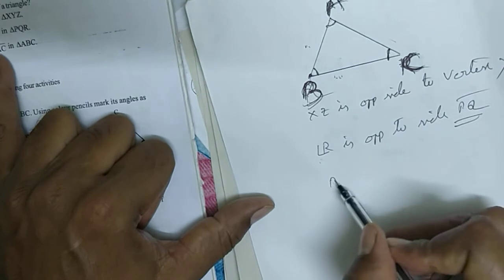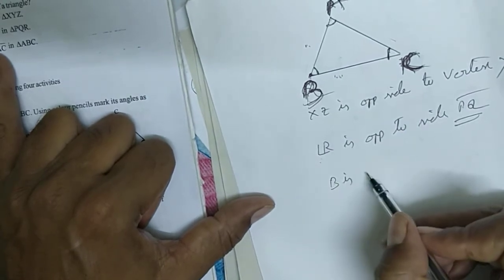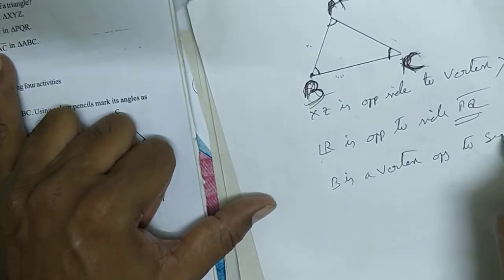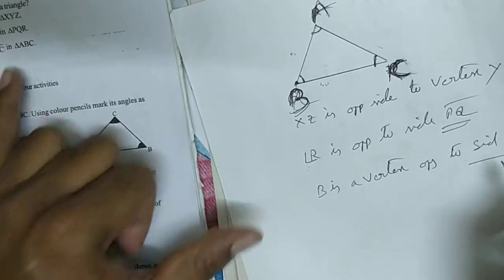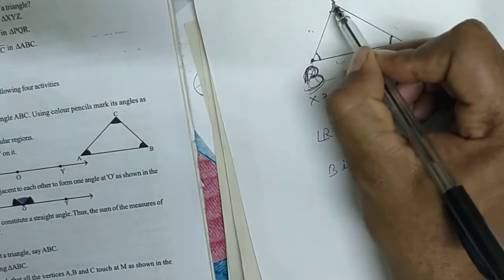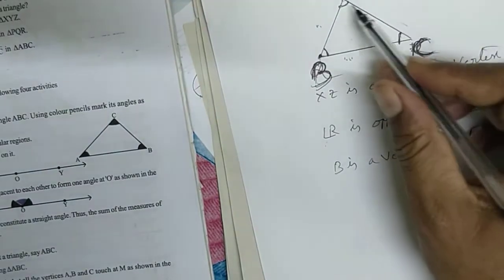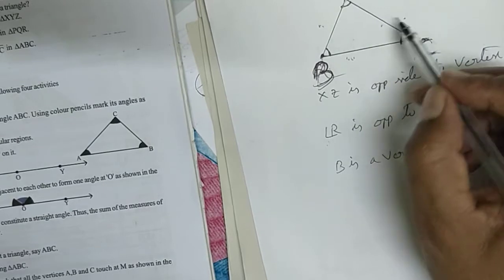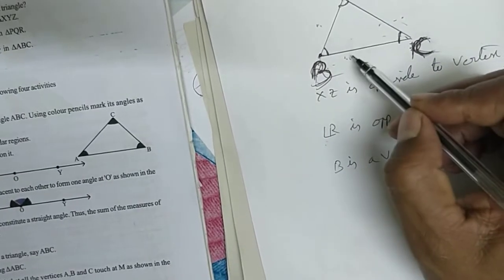B. So B is the vertex opposite to side AC. A point is called a vertex. A is a vertex, B is a vertex, C is a vertex. For AC, the opposite vertex is B. So you should know about it.